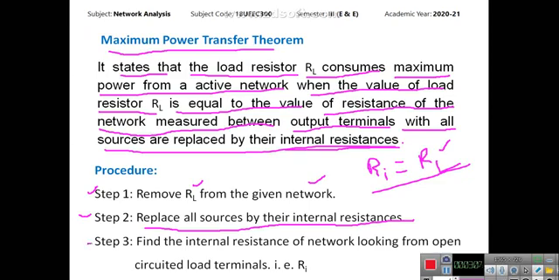Then step 3 is to find the internal resistance of the network looking from the open circuited load terminal, which you can call Ri. So once you determine the internal resistance at the open circuited load terminal, that resistance is nothing but Ri, the internal resistance of the circuit. As per the theorem, if this Ri is equal to RL, then you can transmit the most power to the load.